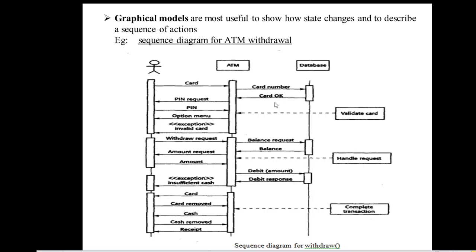The person is the actor, and the ATM and database are lifelines. They are accessing their account. So the diagram shows the sequence of actions performed to withdraw the amount from their account. So this is the diagram for it.